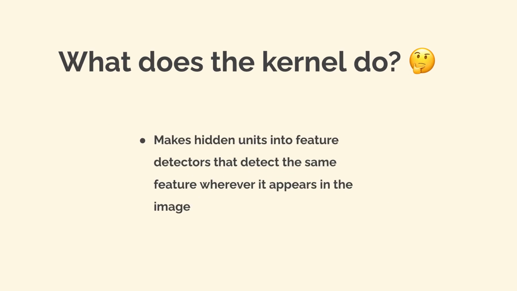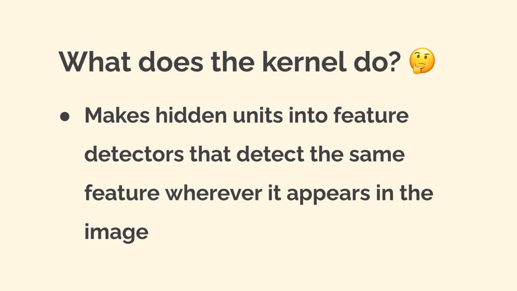The kernel that we talked about is going to make hidden units into feature detectors that can detect the same feature wherever it appears in the image. So if you see, for example, one common edge pattern in the top left-hand corner of the image, you can recognize it again in the bottom right-hand corner of the image.